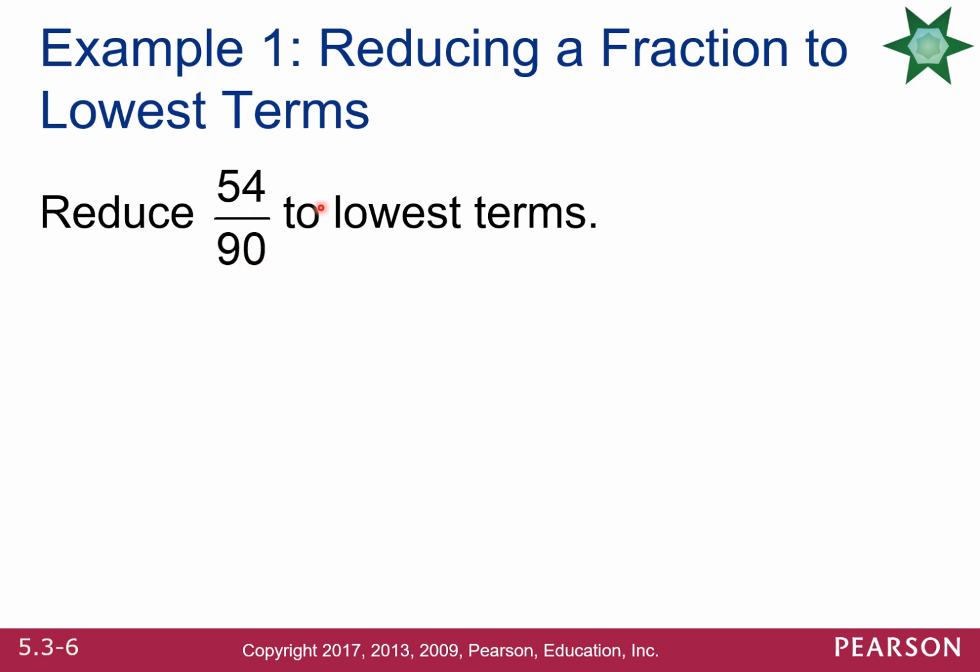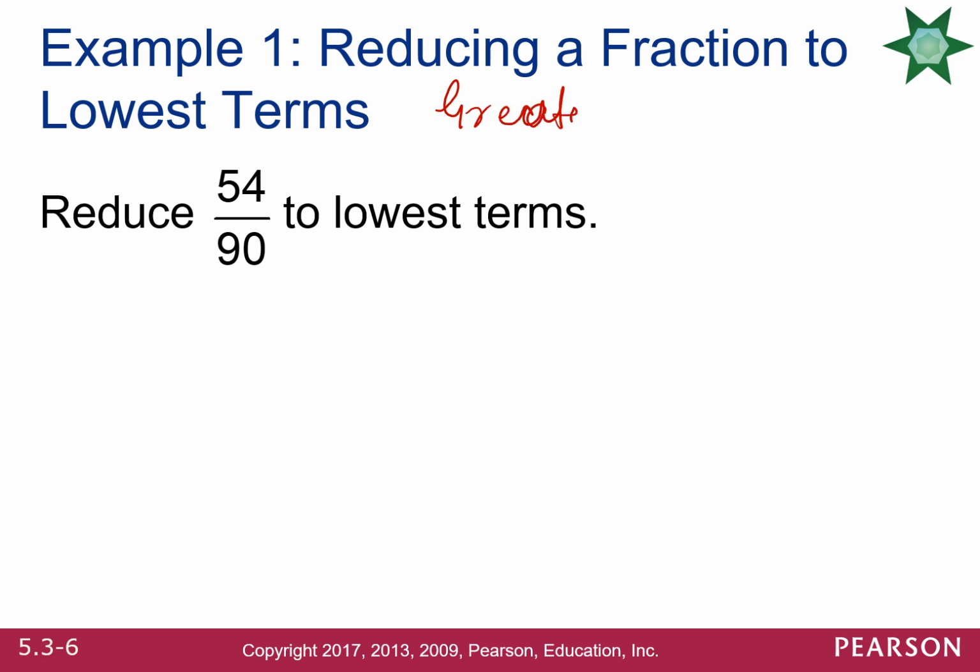Currently, we see that 54 and 90 are both divisible by at least 2. However, to be able to write it in its lowest terms, it's not the smallest value that will divide both the numerator and the denominator, but it should be the highest value, and that is called the greatest common divisor.